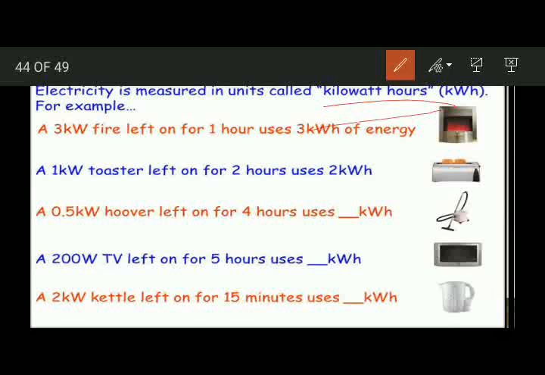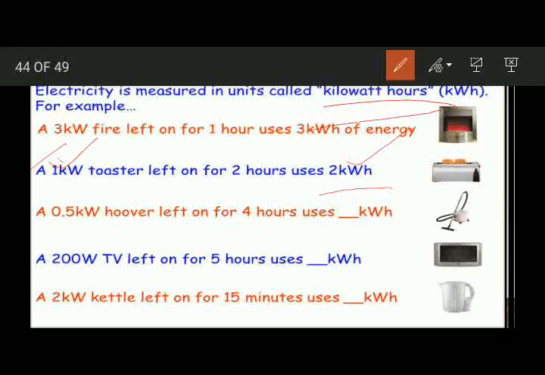Before understanding what a kilowatt hour is, let us take some examples. A 1 kilowatt toaster left on for 2 hours uses 2 kilowatt hours. So a toaster is running for 2 hours and suppose its power is 1 kilowatt. What is its energy? 2 kilowatt hours.